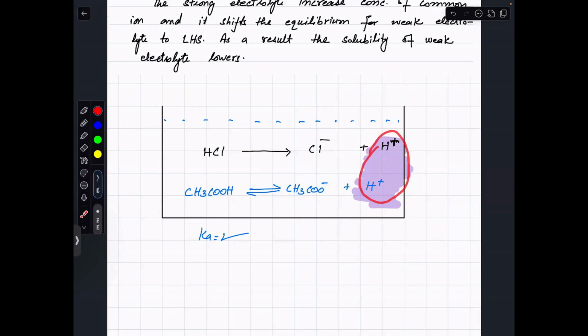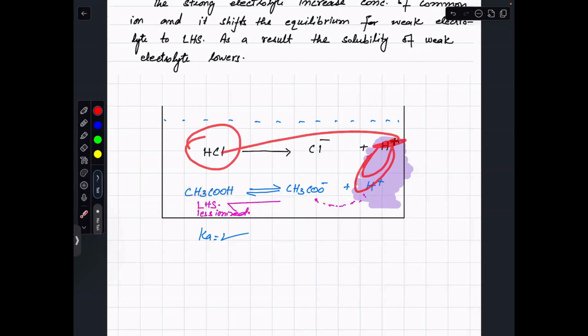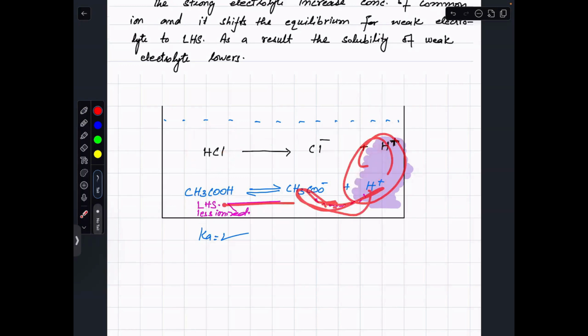But when the H+ is more, they can collide, and due to collision, the rate of the backward reaction will increase. The equilibrium shifts to the left-hand side, and the acid is less ionized. The ionization is suppressed because HCl is providing too much H+. Their collision is much more. It will go in the backward direction.